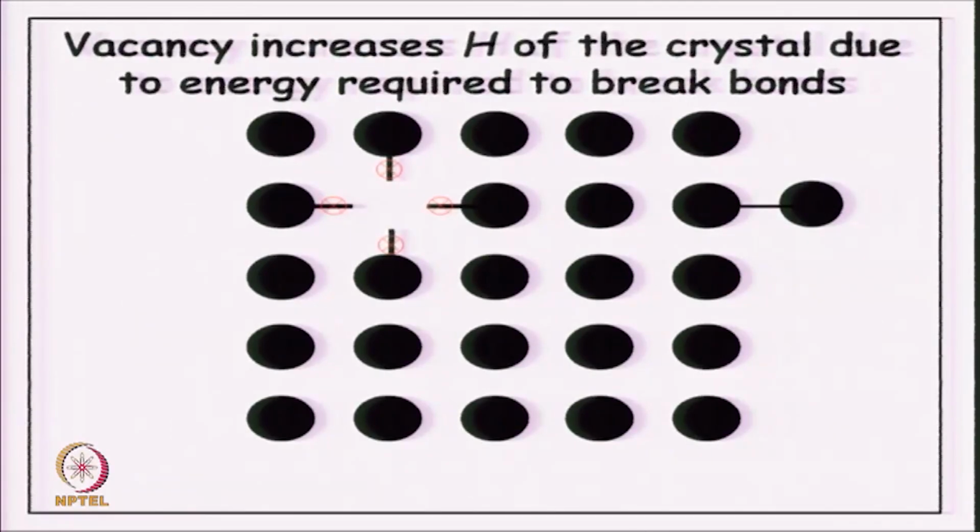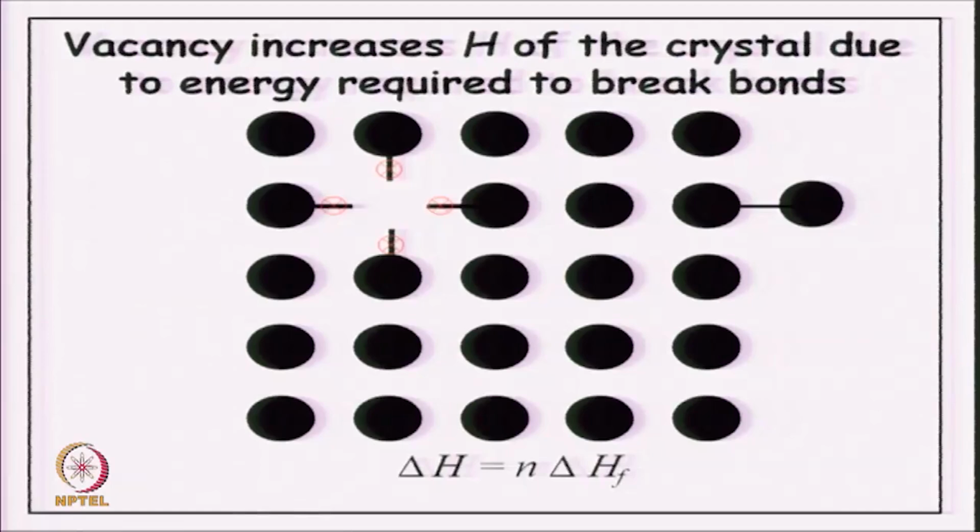So, if we now think that each such creation of a vacancy requires an enthalpy delta H_f, where the subscript f is for formation, then the enthalpy of formation of a single vacancy is delta H_f, and if I am creating n vacancies, then the total enthalpy increase due to the creation of n vacancies, little n vacancies, will be n times delta H_f.